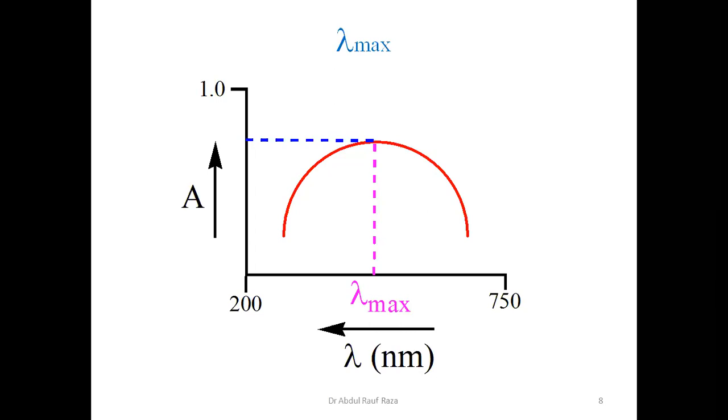Micromolar solutions we can study with the Lambert-Beer law. So if it shows an absorbance greater than 1, keep in mind it cannot be greater than 1. Why? Because greater than 1 means 101, 102% absorbance. It is not possible. If 100 radiations are coming in, it cannot absorb 101 radiations. Practically, this is not possible.